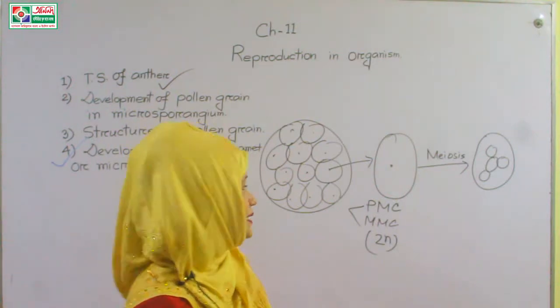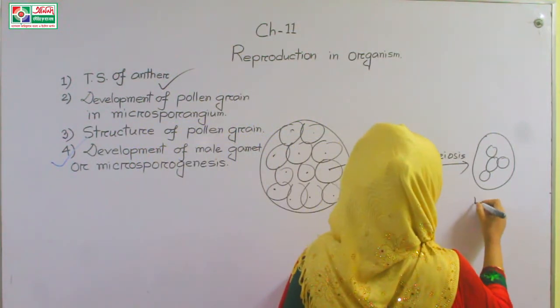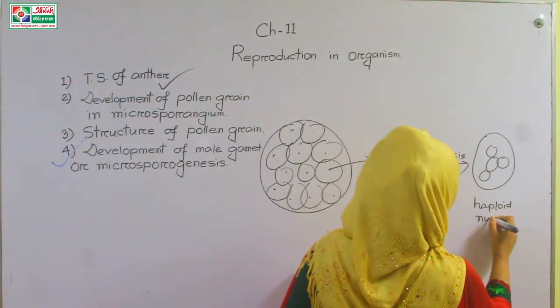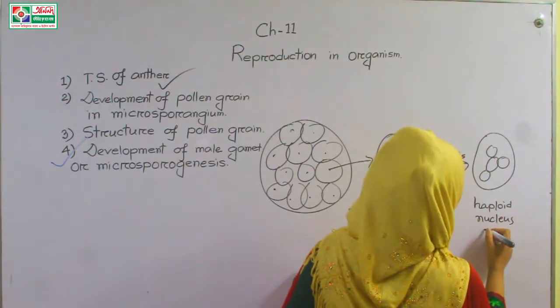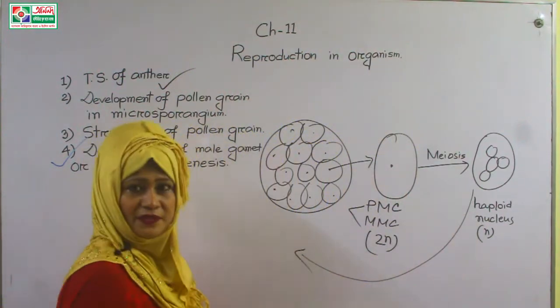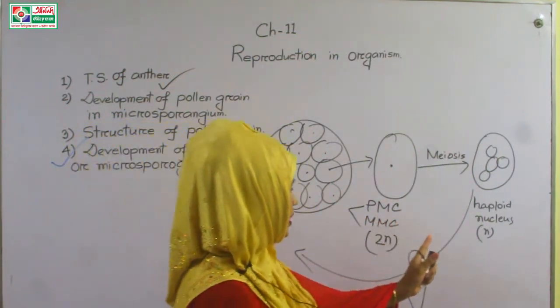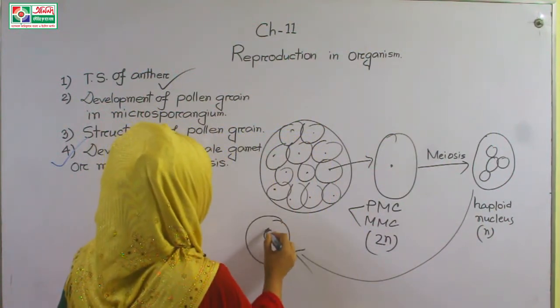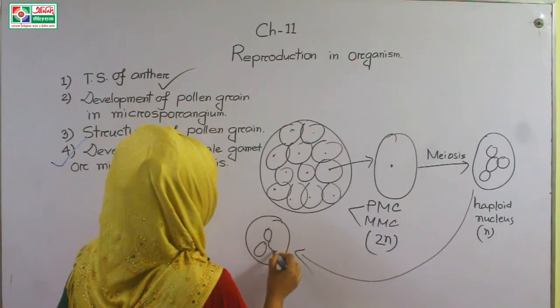We will call them haploid nuclei. After that, I am drawing here what happens. This is a haploid nucleus, and its structure after some time will be like this.